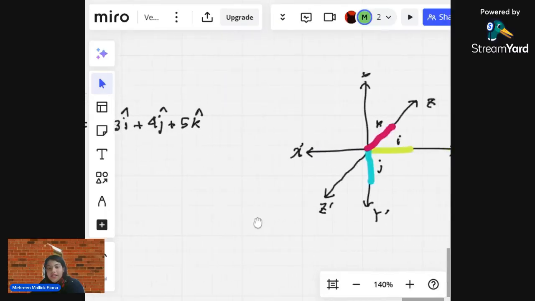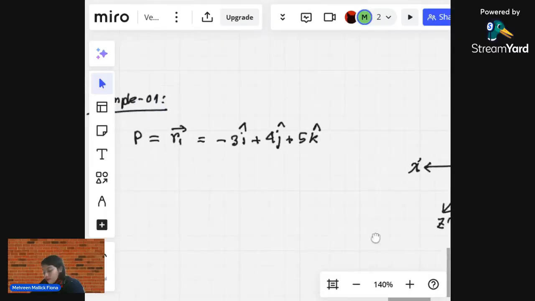If I want to plot this in this very axis, let me draw it in a good way. It is still not good. Let's go on anyway.